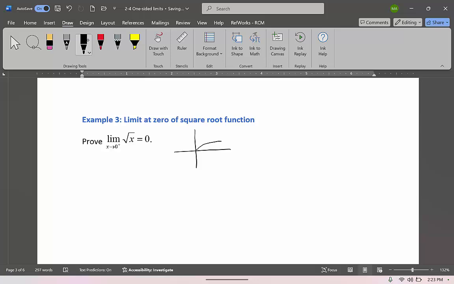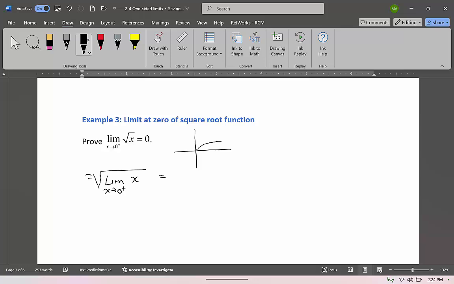But to prove this, what we can do is use some of our properties of limits. So this limit is actually equal to the limit as x approaches 0 from the right of x. And then one property of limits is that if I take the square root of the function, I can take the square root of the limit. And then, of course, we know the identity function here.